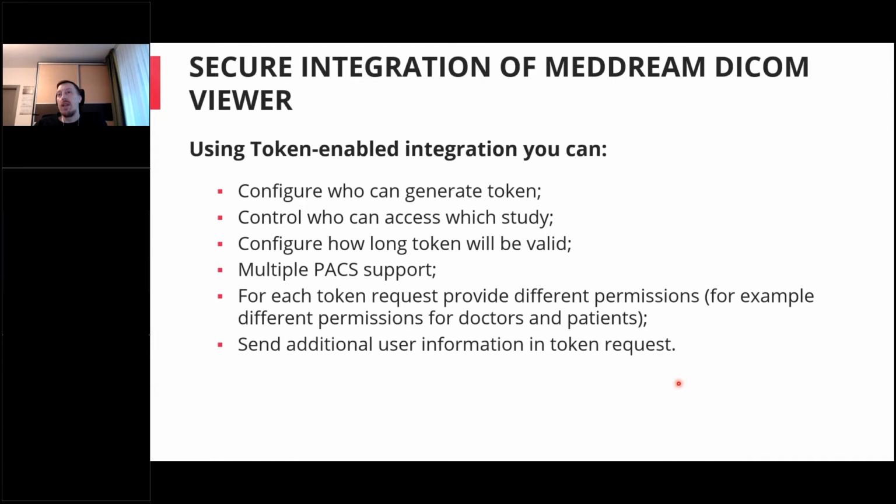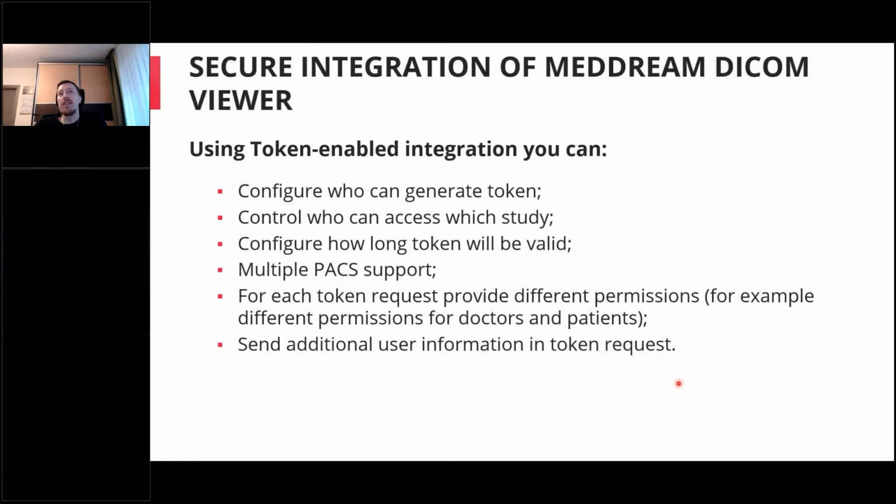You can make this time shorter or longer, or you can make it only one-time valid, meaning that the user clicks on the link and it opens the study. But if the user tried to copy-paste the same URL and open it again, it would say that the token is already expired because it was already used one time.